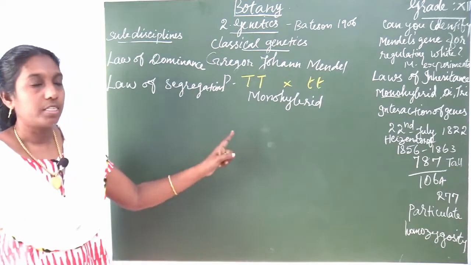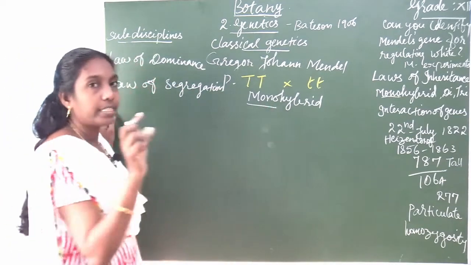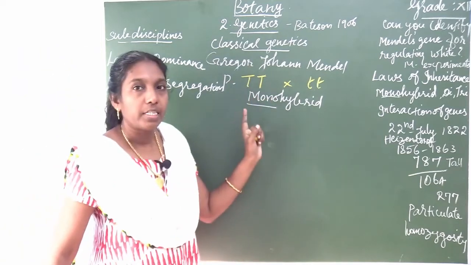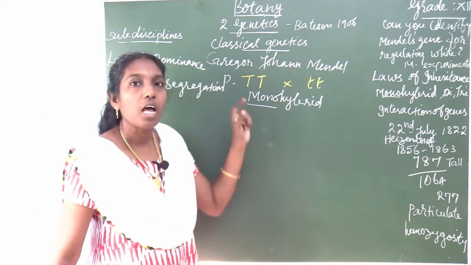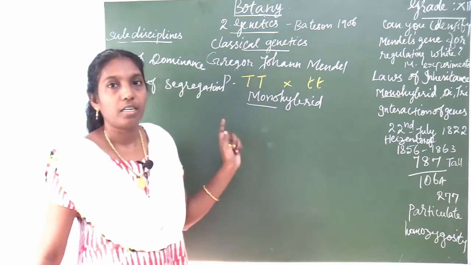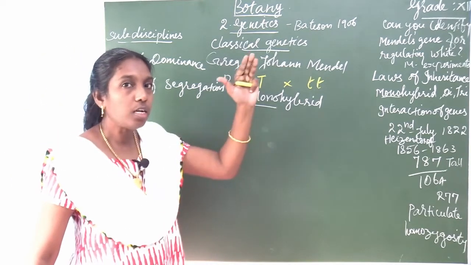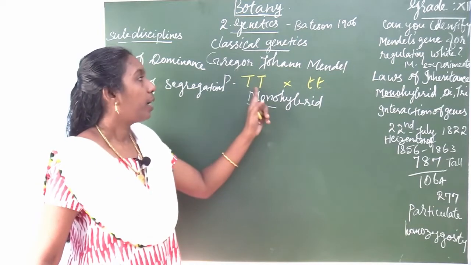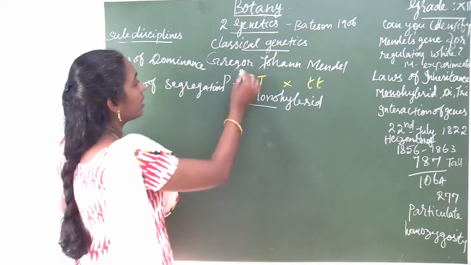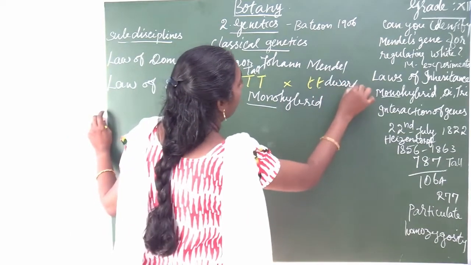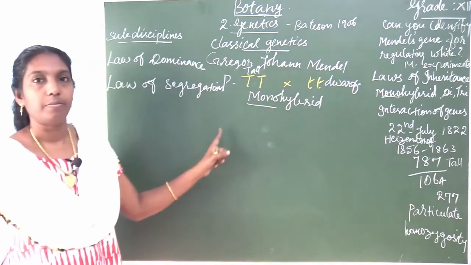In a monohybrid cross, mono means a single trait is selected. A single character, that is the height of the plant. In the garden pea plant, Mendel selected the height, a tall and a dwarf. Capital T represents the tall character, and this is a dwarf as a parent.